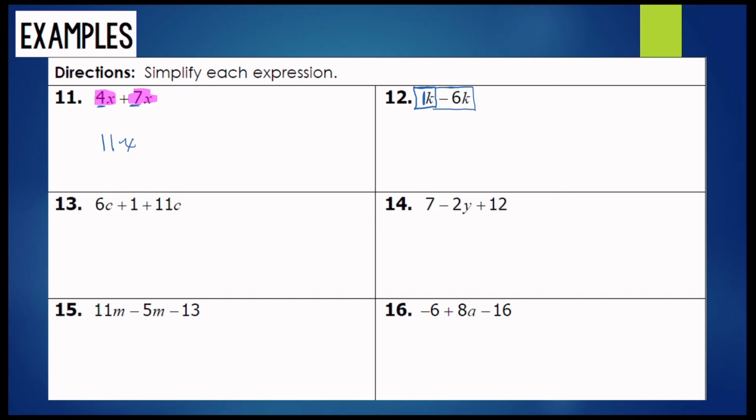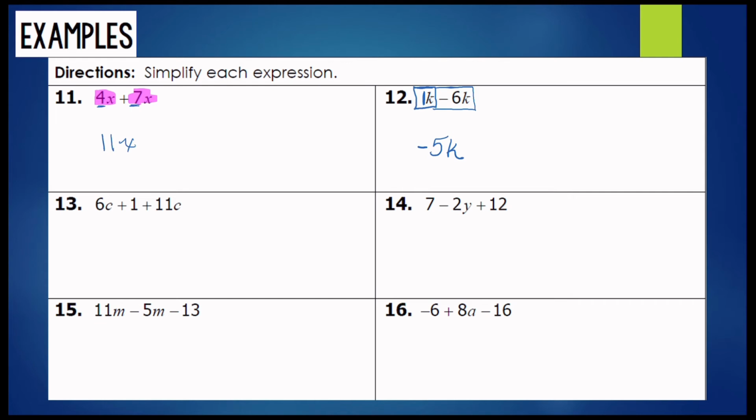Those are like terms. They both got a box. So when I combine these, I get -5k. Do you see why I group the first term and I actually add my coefficient of 1? It will help you to combine when we have to add them.